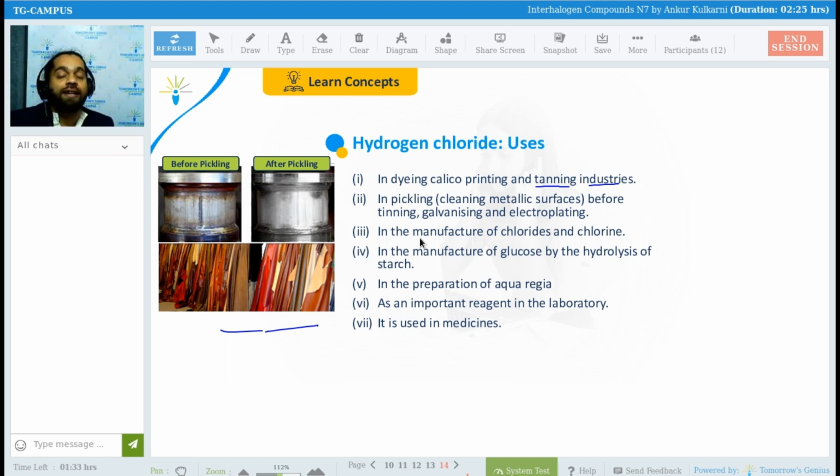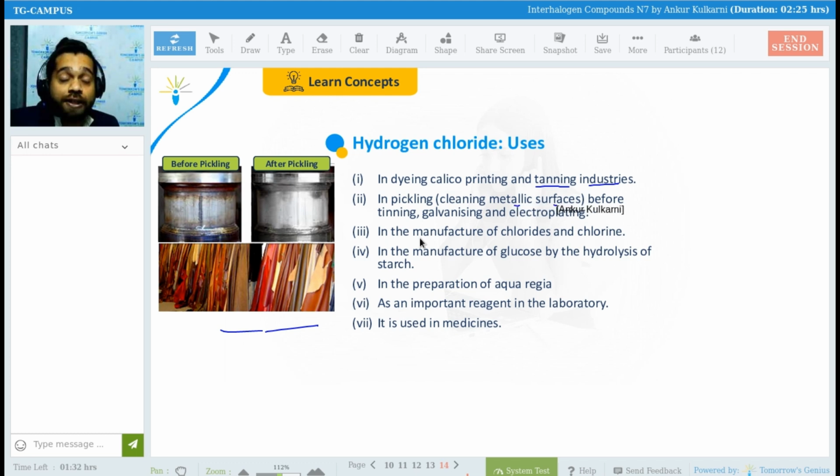So he thought tanning industry means that. I asked him, will you apply HCl on your face and sit in the sun? He said no. So tanning industry is not something we use on our face and skin at the beach. Tanning industry is a leather industry. We convert animal skin into usable leather.